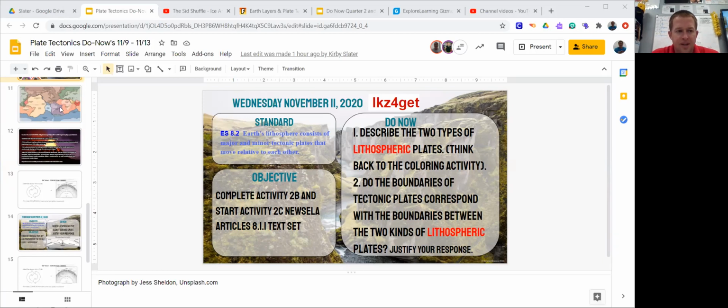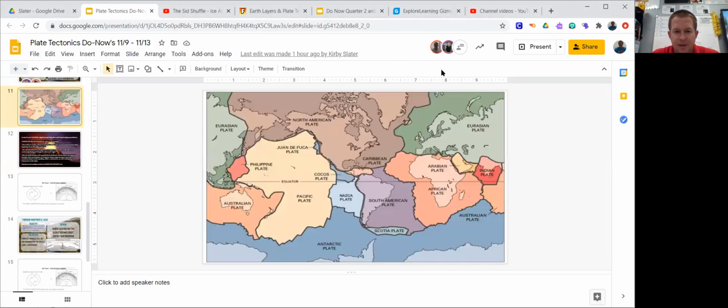Okay. So actually, the plates do not correspond. The plate boundaries do not correspond with the land boundaries.